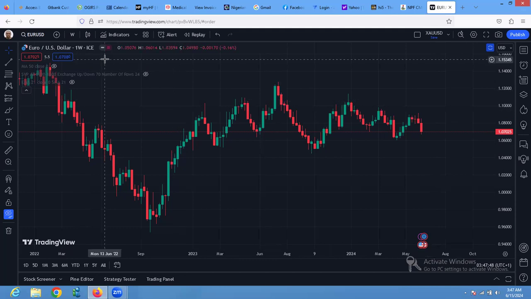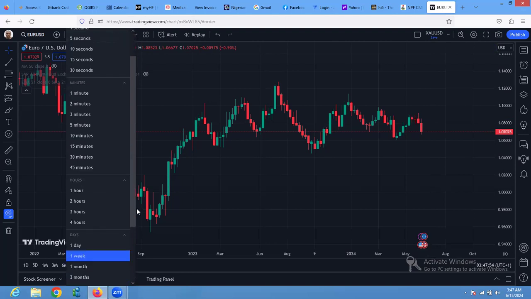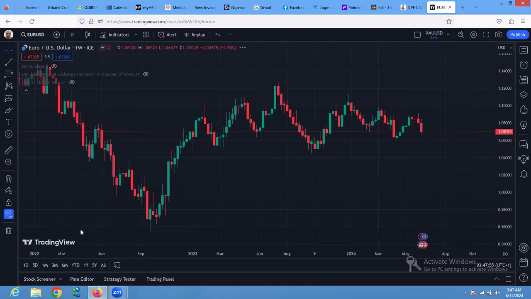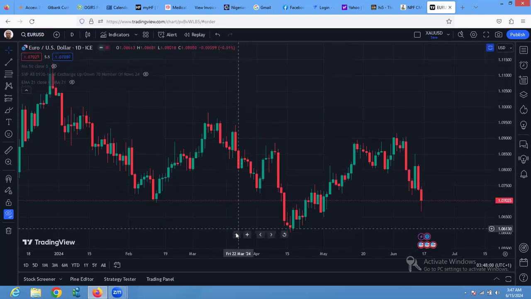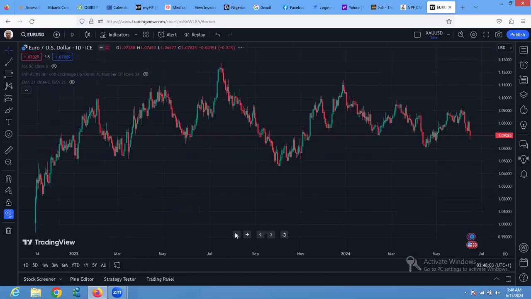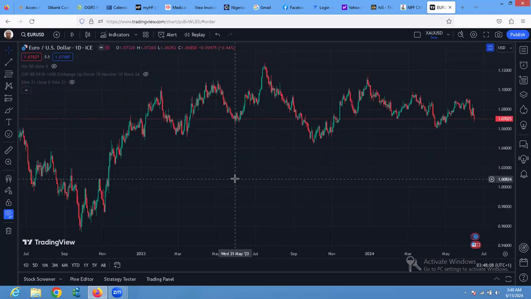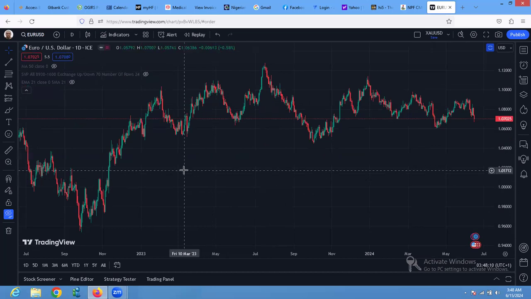So we are going to go on the daily here, and I'm going to be showing us something on the daily. Okay, so this is the daily. Now, looking at the daily again, we know that the use of trend line has guided us most times to know if a wave has ended.